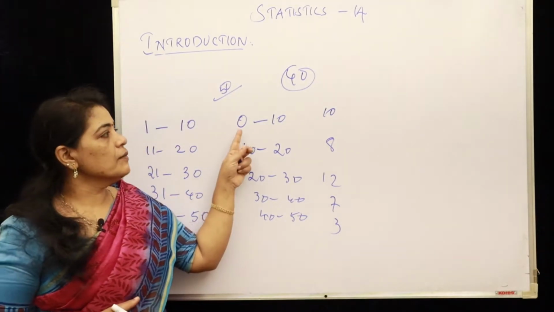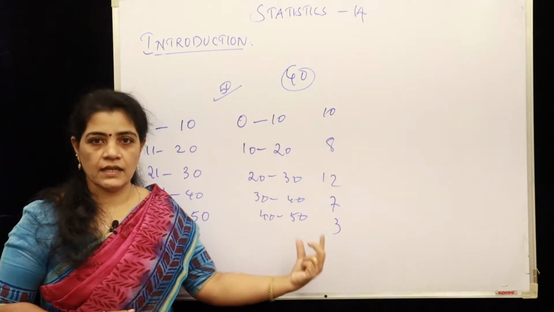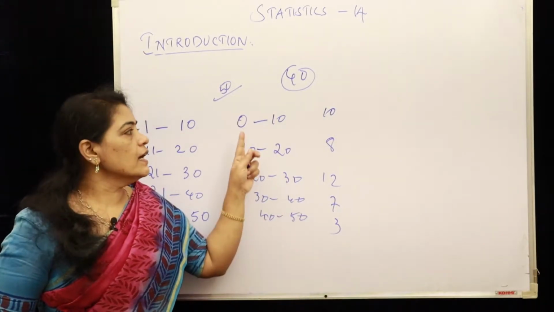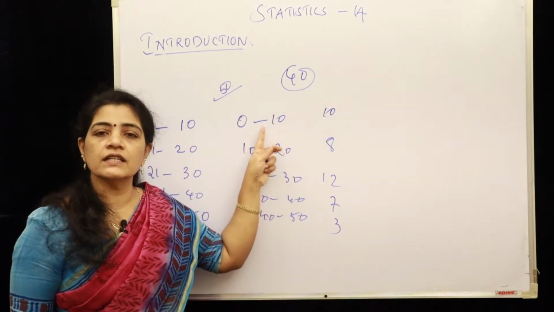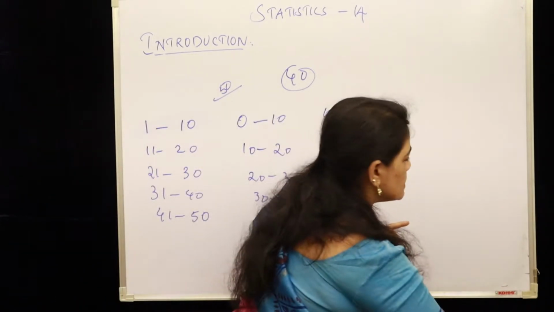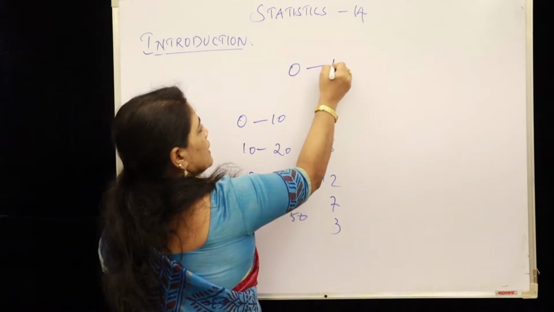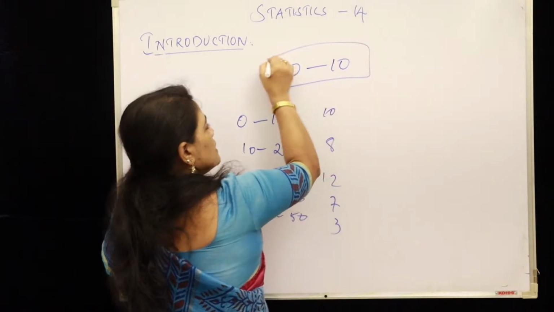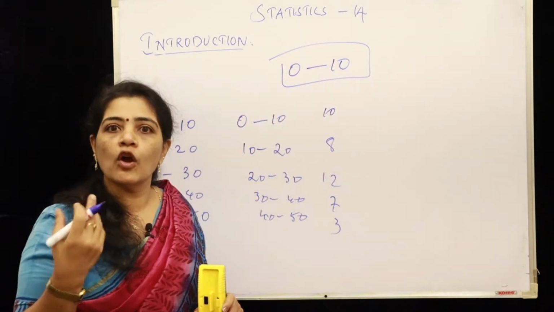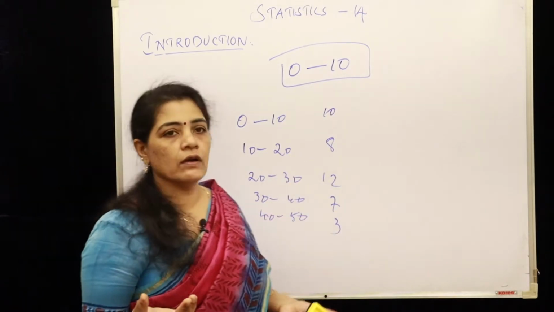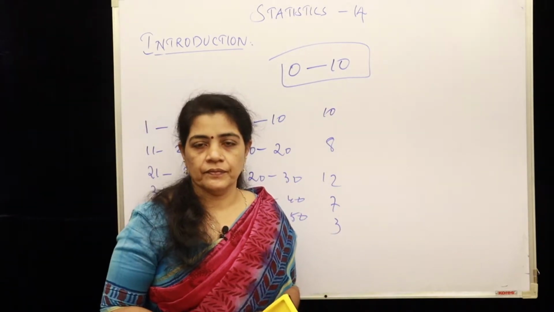Suppose I am taking the first case. Here, in the first class interval, 0 to 10, the 0 is what we call the lower limit and 10 is what we call the upper limit.